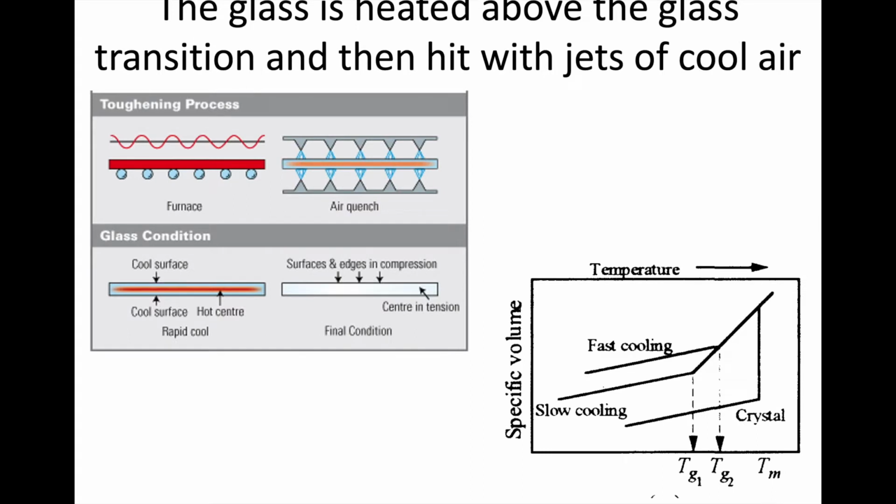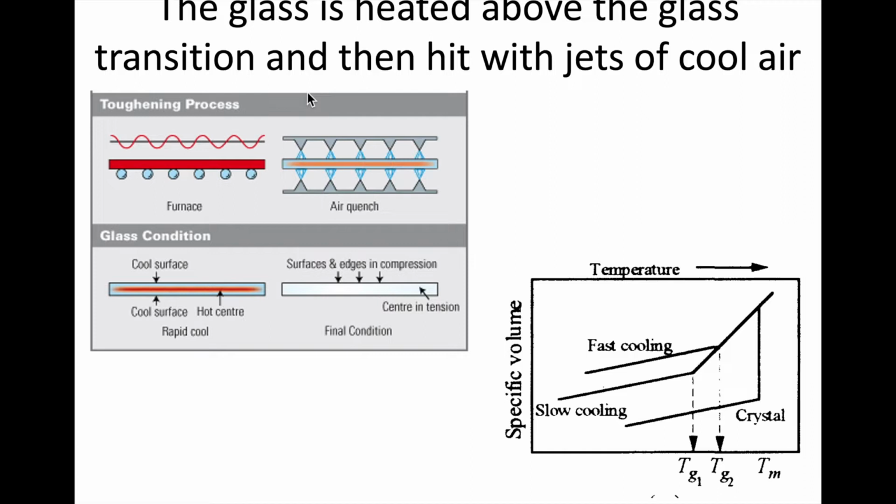So this process is basically, if we think about it, this diagram here is thinking about it in terms of window or sheet glass. What we do is take that window or sheet glass, but it can be other forms as well, and we heat it above the glass transition.